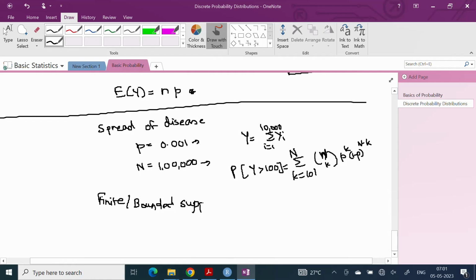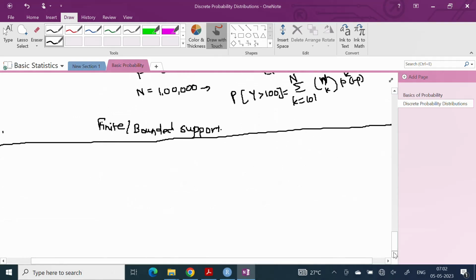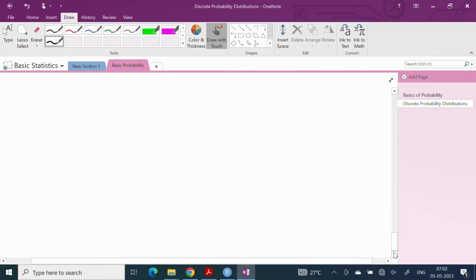So if we want to count something which in principle doesn't have an upper limit, then we will need another distribution. Some examples for this are, let us say, count of people visiting an ATM in a given hour.